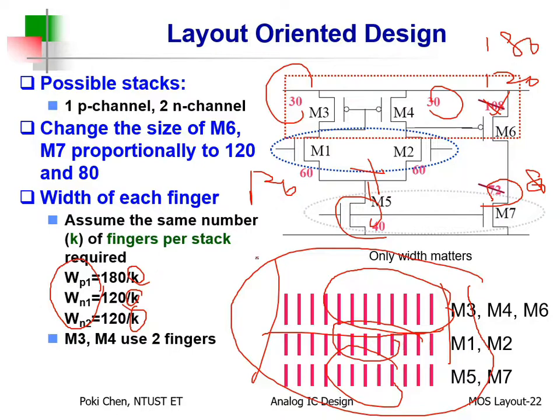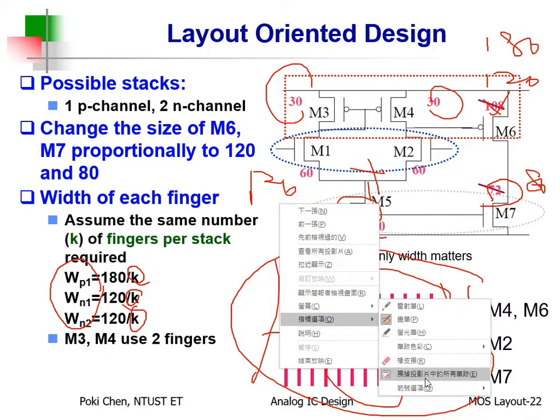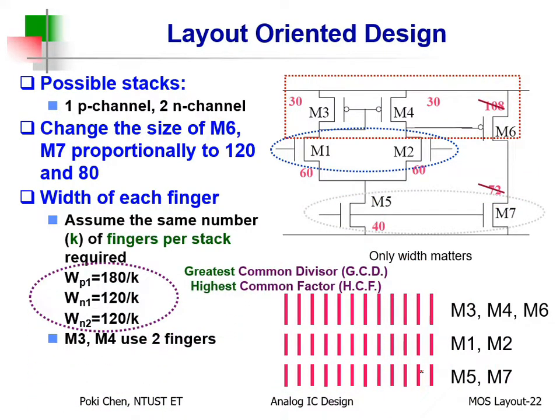So we need to find the common divisor or common factor. 你要去找到公因数。Maybe the greatest or highest, maybe or not, as you like. I don't care. But at least you need to find K, the common divisor or common factor. 公因数. That's it.